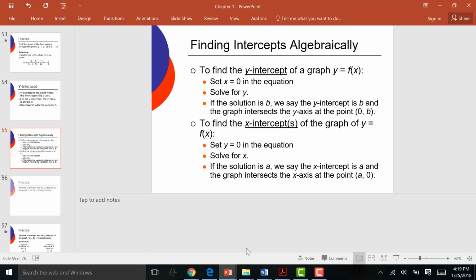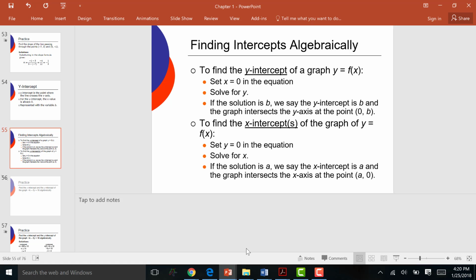So now I've got 4 times 0 minus 8y equals 16. What's 4 times 0? 0. So I've got 0 minus 8y equals 16. What's 0 minus 8y? Negative 8y equals 16. Divide both sides by?